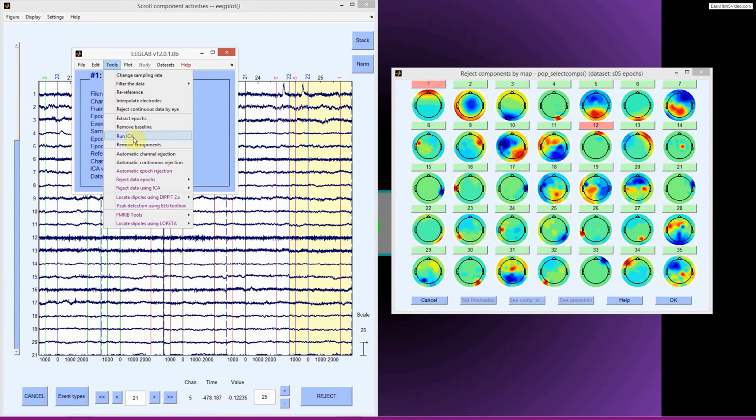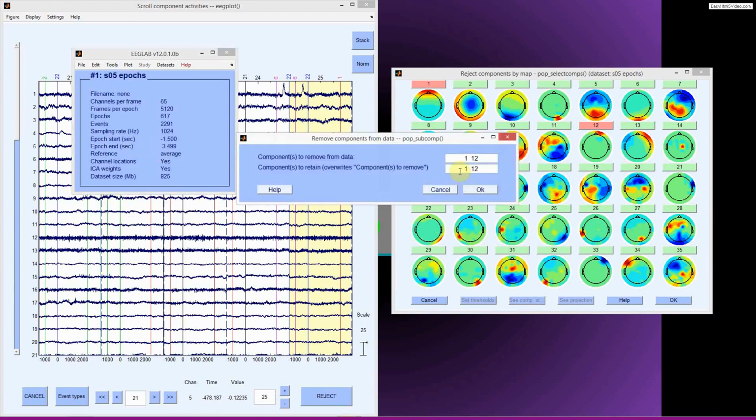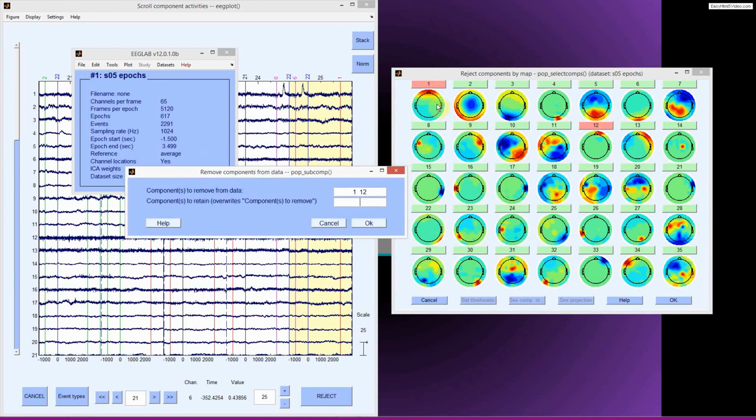So we can go to Tools, Remove Components, and in some versions of EEGLAB, I think there's a little bug here. You have to get rid of this. So here I say components to remove from the data: 1 and 12. These are marked by default just because I already marked them here. Otherwise, you can manually enter more components.